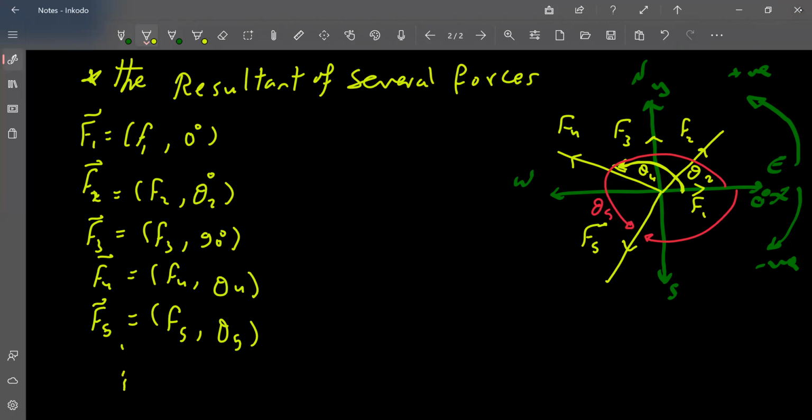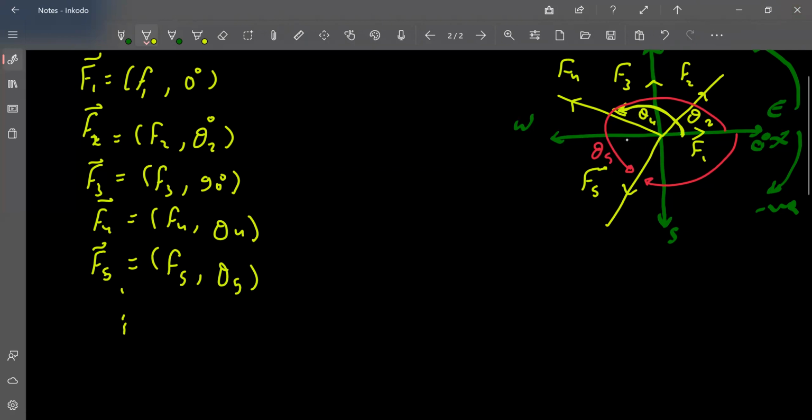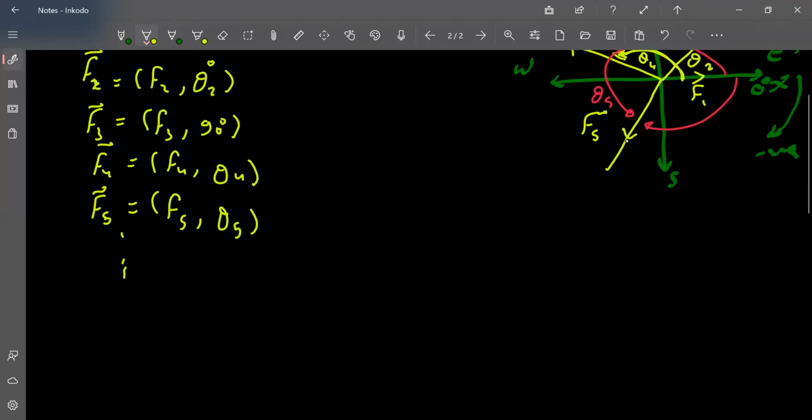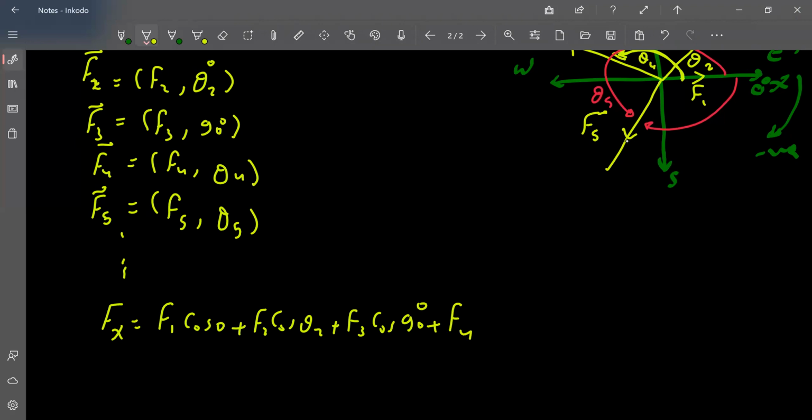After this step, what can we do? We will convert all these forces into only two forces, and these two forces will be perpendicular. How? I find the sum of their components in the direction of the x-axis, and these components with the x-axis will be cosines. So Fx equals F1 cosine 0 plus F2 cosine theta 2 plus F3 cosine 90 plus F4 cosine theta 4, and so on.